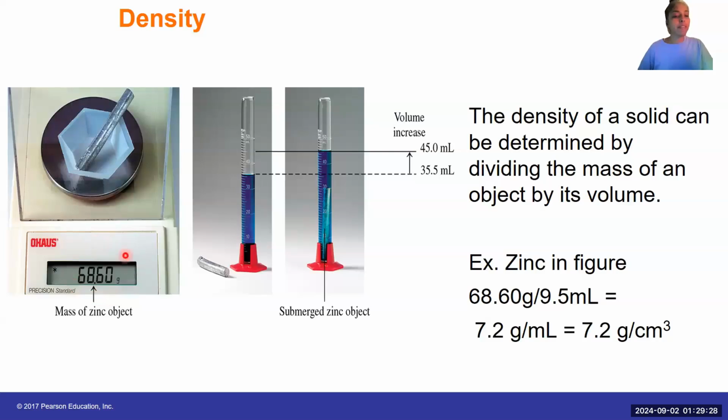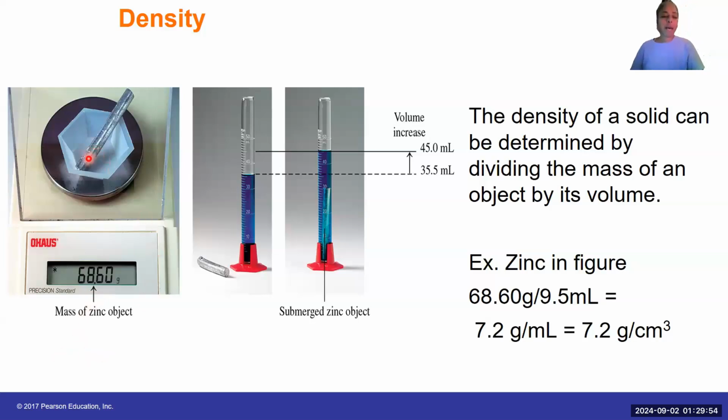How many significant figures are in this value? 4. Which one of these digits is the uncertain digit in this value? The 0, correct. Is that 0 significant? And if so, why? It is because there's a decimal place in this value.